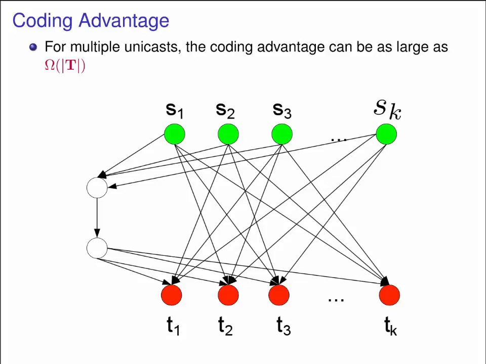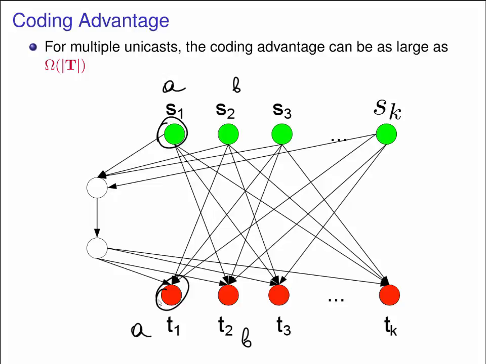Now let us consider the coding advantage in a more general case in which we have multiple unicast connections. In this setting we have a set of source nodes, S1 to Sk, and a set of destination nodes, T1 to Tk, such that destination node Ti is interested in the packet generated by source Si. For example, suppose S1 generates packet A, so destination T1 is interested in A. If S2 generates B, destination T2 is interested in B, and so forth.